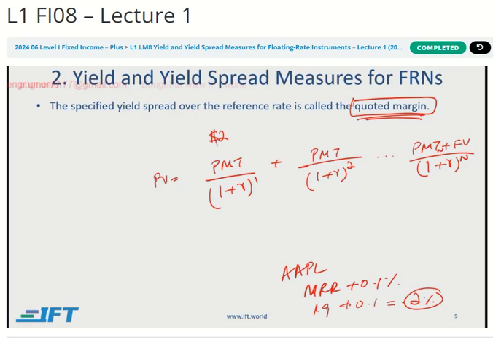Let's say the face value is 100, right? So $2, $2, and then the 100. And then this rate, assuming that this is what the market also required from it, could be 2%. Now what can change? Like what can happen going forward? This MRR could change, right? This could go up or down.